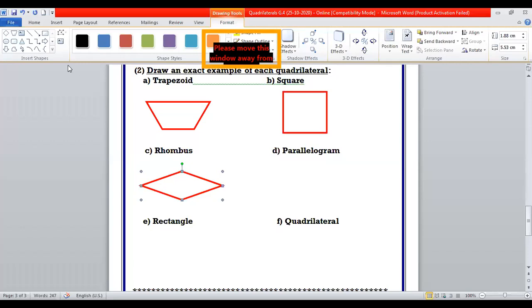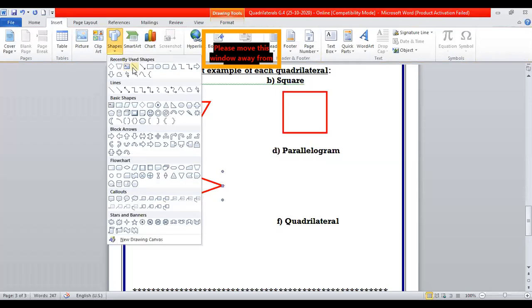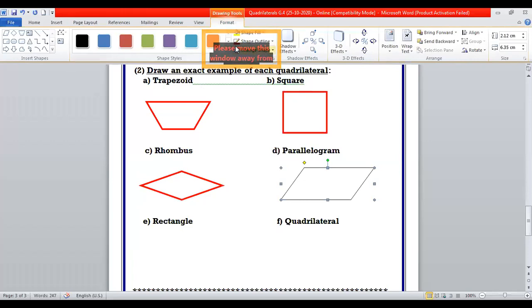Parallelogram. This is an example for the parallelogram.